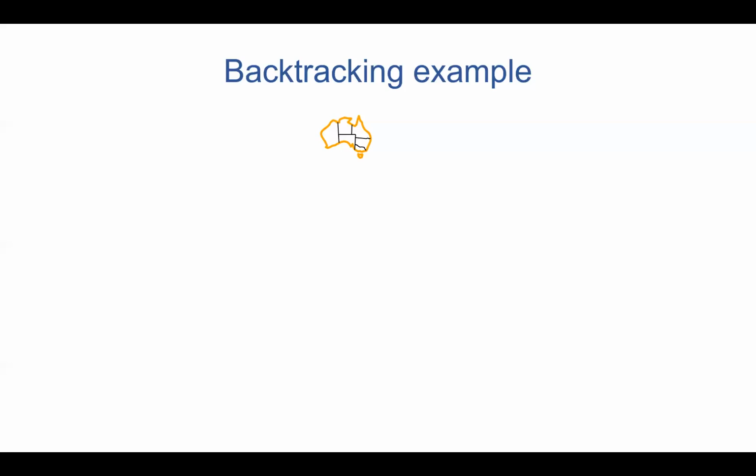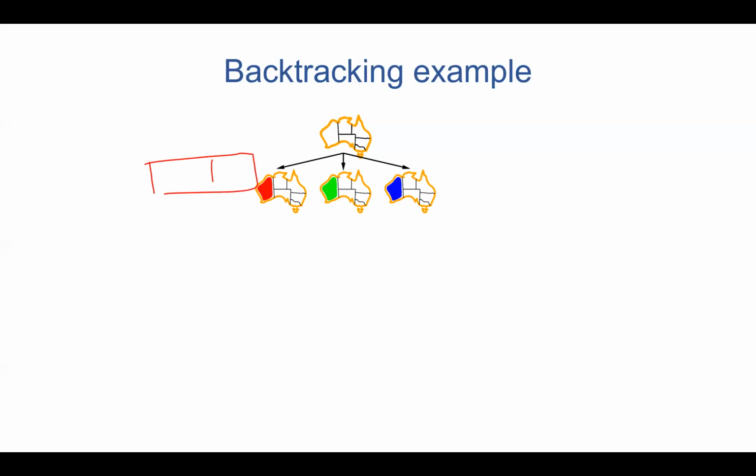Something like this: we start with an empty map. We can assign Western Australia either red, green, or blue, right? So that's one assignment. We put that in the queue. Say we have assigned it the value red.